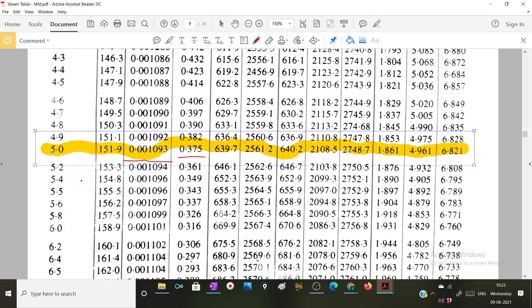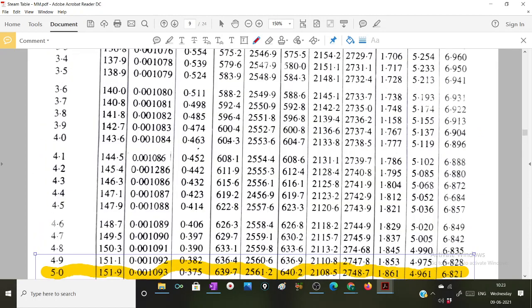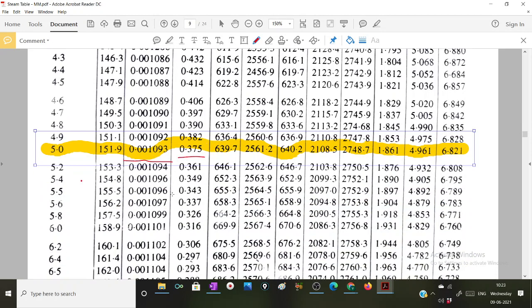First one is the Vf value and second one is the Vg value. Now one more thing you can observe here: the specific volume of dry saturated water Vf is very small as compared to the specific volume of dry saturated steam. It is 0.375 for Vg and 0.001 for Vf. So very small. That is why in the formula many times we can neglect Vf.